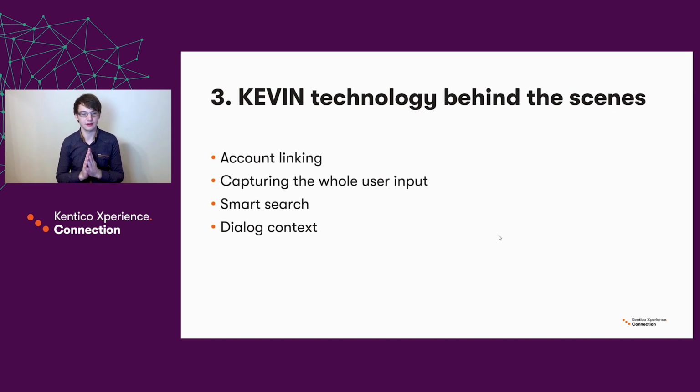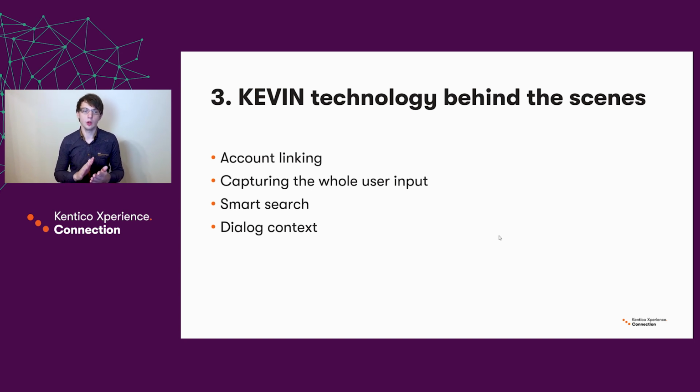Next, what Kevin is doing specifically for the purpose of voice commands is that we always capture the whole input the user speaks. This means that if the user speaks a long sentence, we capture a long sentence, and then we try to find the best matching voice command to comply with this input. To do so, we are using smart search.